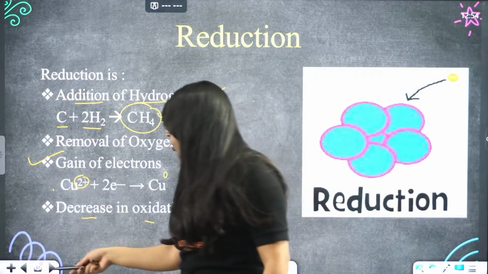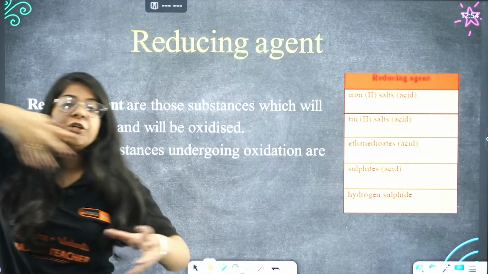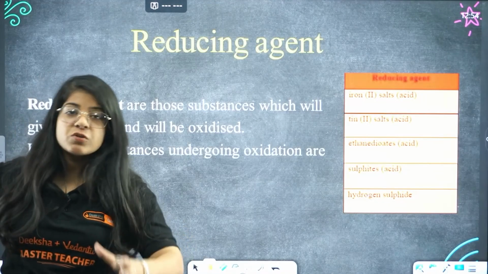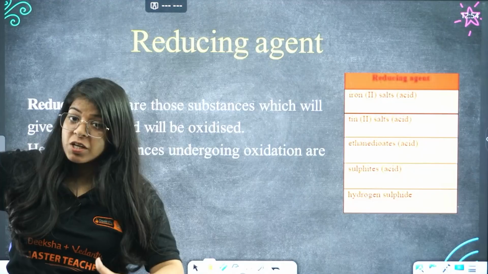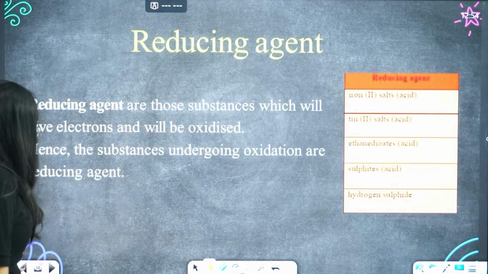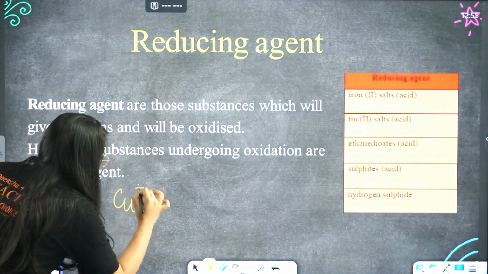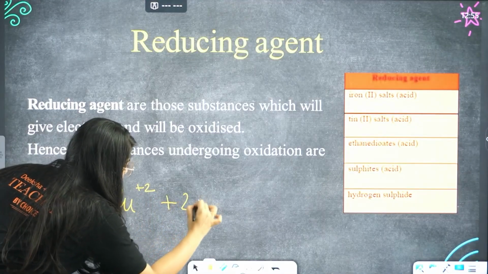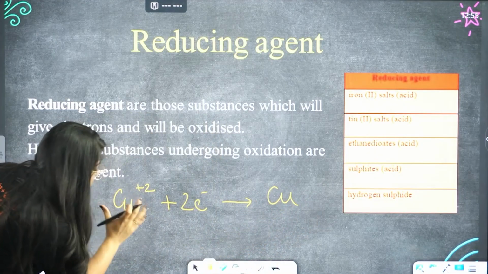Understood? Now reducing agent. What are reducing agents? The substances which can reduce another substance. Reducing another substance means gain of hydrogen, gain of electrons, loss of oxygen. So in this example, Cu2+ plus 2 electrons gives Cu. What made this Cu gain electrons?